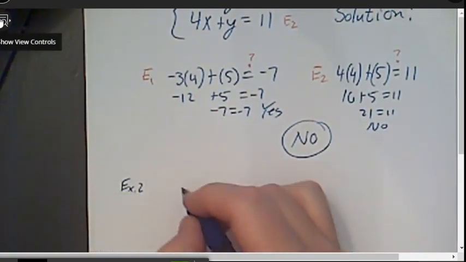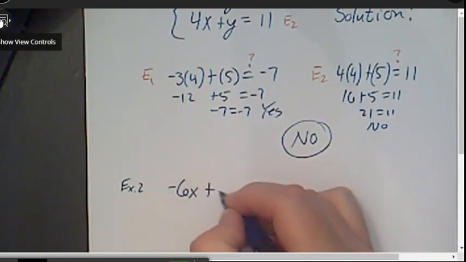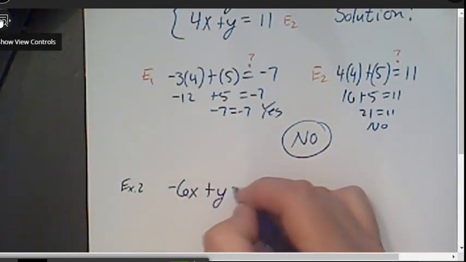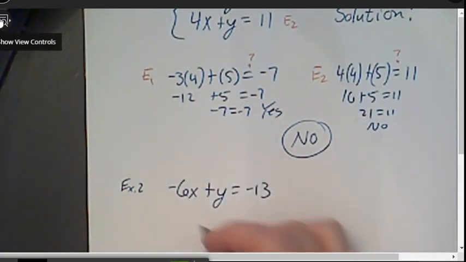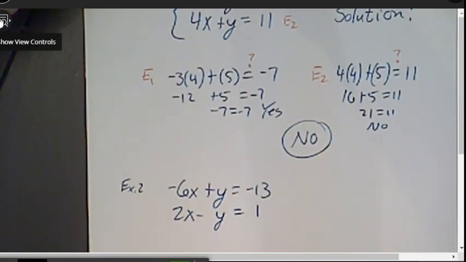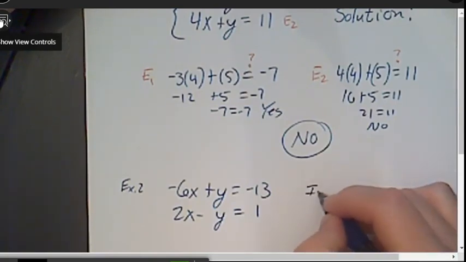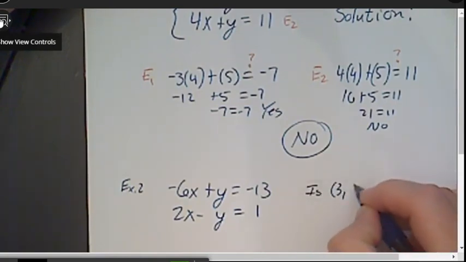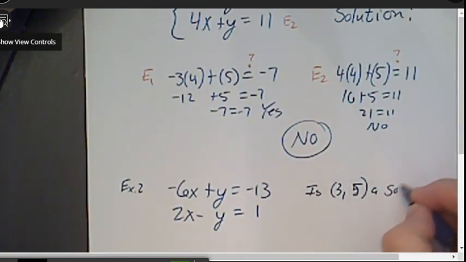All right, so for example 2, there's our system, and then it asks, is (3, 5) a solution?